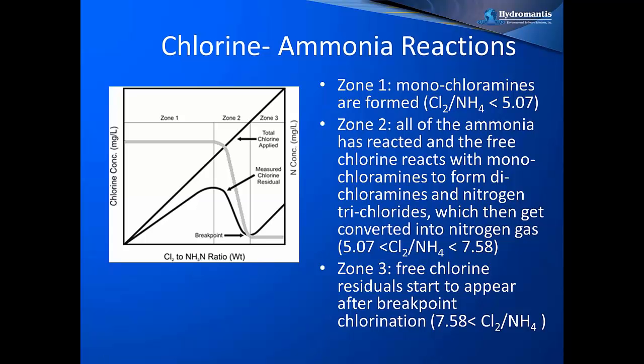This is really important in modeling because based on the literature, free chlorine has a higher potential of producing disinfection byproducts as compared to combined chlorine. So in some situations, we want to operate in zone 1 most of the time, so that we can reduce the potential of formation of disinfection byproducts.